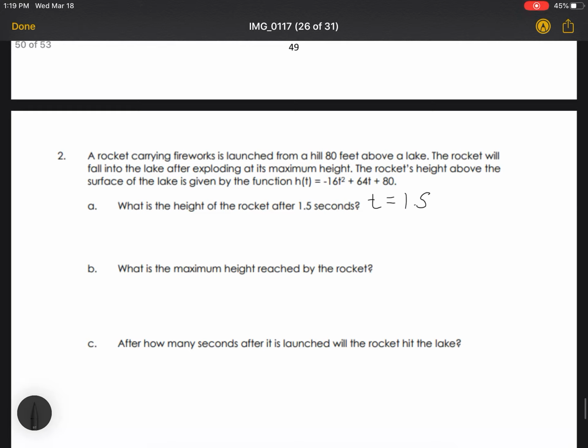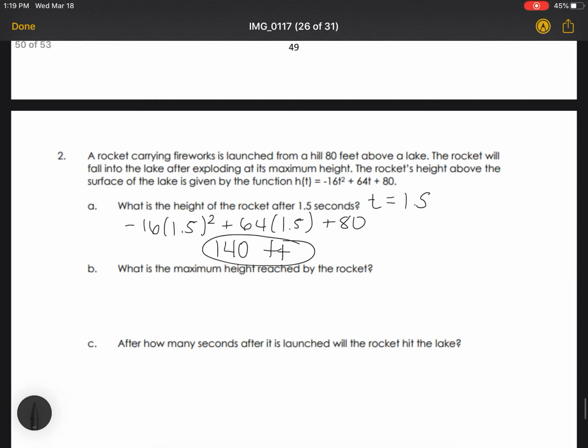Again, t is representing our time here in seconds, so we're just going to plug in 1.5 for t. So it's going to say negative 16 times 1.5 squared plus 64 times 1.5 plus 80. Type that whole thing into your calculator and you will get 140 feet. So after 1.5 seconds, it's going to be 140 feet high.